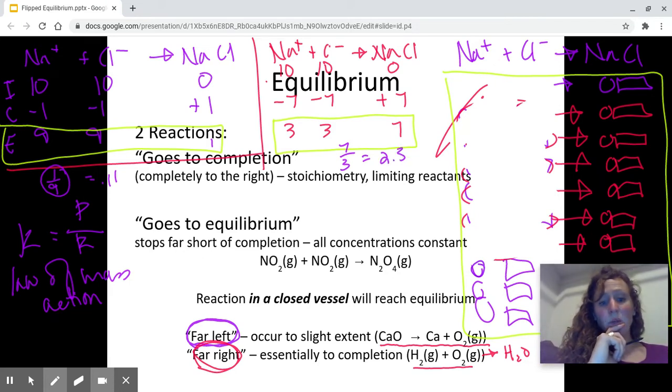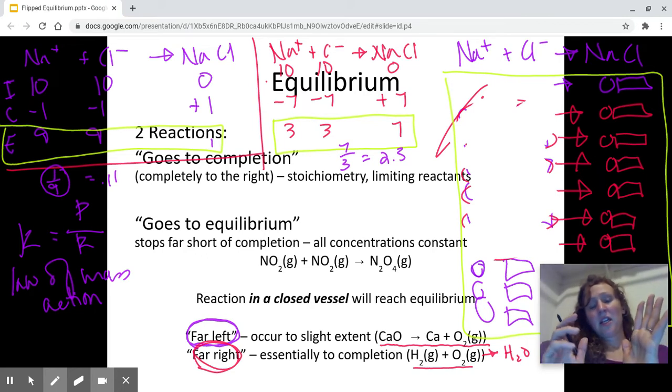So when we are far left, when our equilibrium lies to the left, our ratio tends to be small. Products over reactants tends to be a fairly small number. If our equilibrium lies to the right, our ratio gets bigger. The more products that get made, the more our ratio gets bigger.